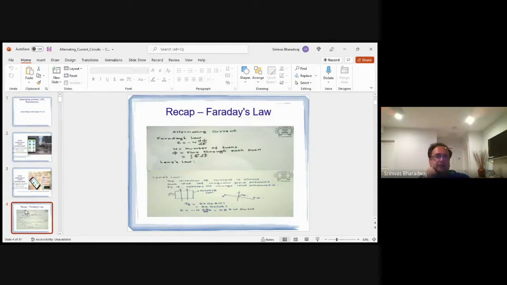Ampere's law: B dot dl over a closed path equals mu naught I. Then Biot-Savart's law: dB equals mu naught by 4 pi, I dl cross r by r cubed.